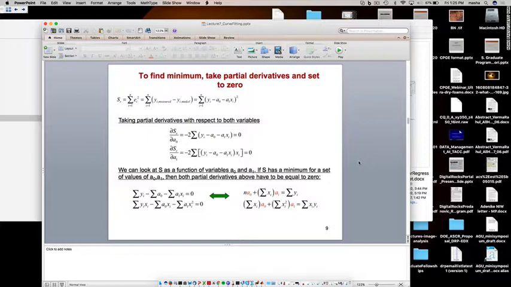I can divide by minus 2. So this is just that. What I will have is minus 2a0 minus a1 times x1 plus x2, when I put the other stuff on the other side.